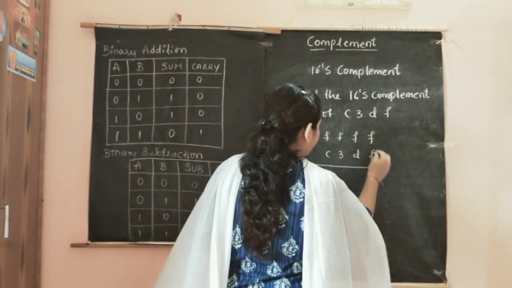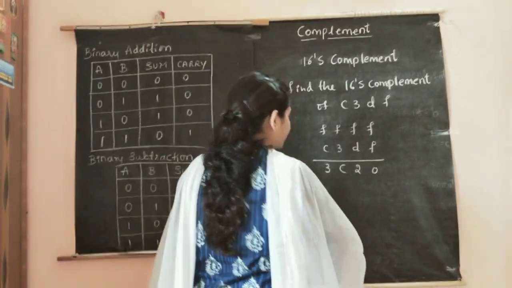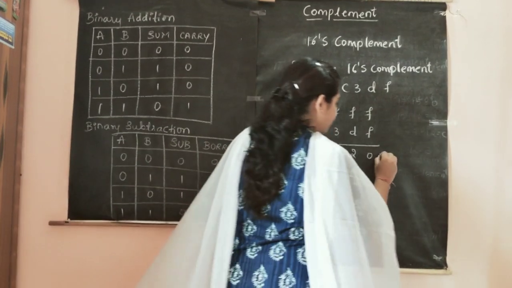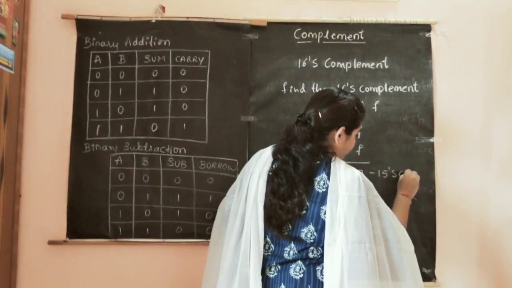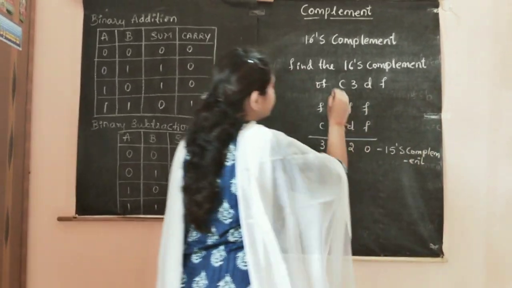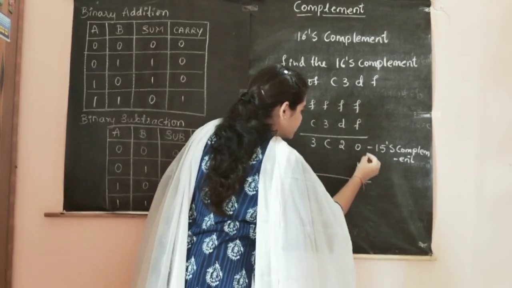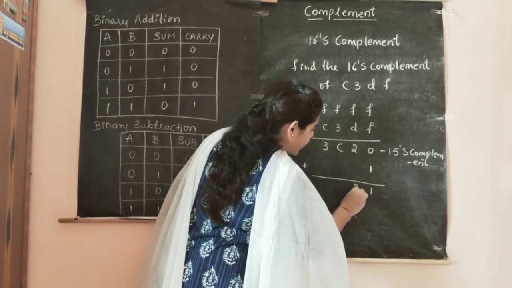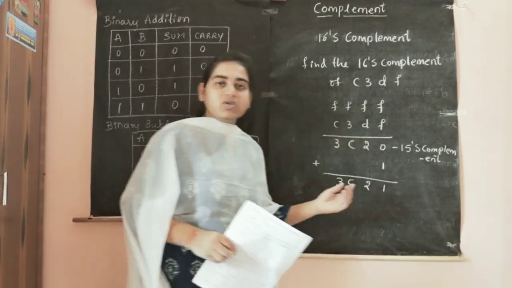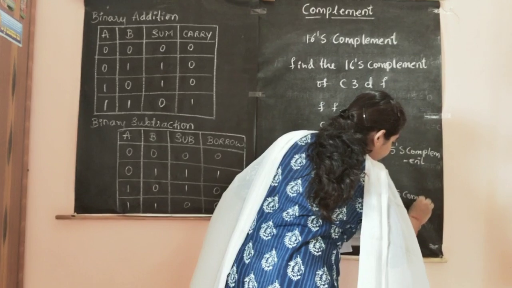What it gave actually: F minus F, 0, it is 2, it is 3, and it is 3. So this is the 15's complement, as we already saw. So to find the 16's complement of C3DF, we have to add 1 to this. So 0 plus 1, 1 it is, 2 as it is, C as it is, 3 as it is. So this is the 16's complement of the given number here.